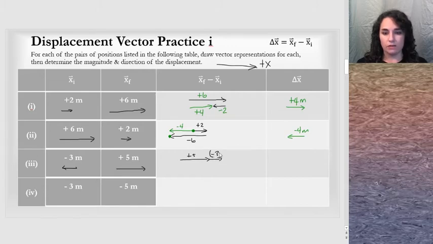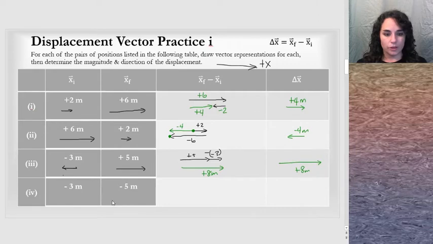The negative of a -3, right? -3 points to the left. I want the negative of that, so that ends up making it point to the right. And overall, my displacement from -3 to +5 is going to be +8 meters. I moved +8 meters.